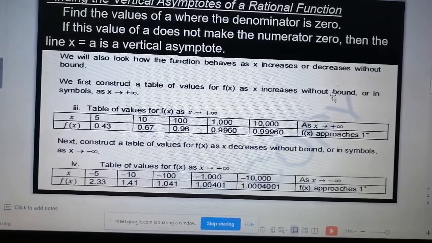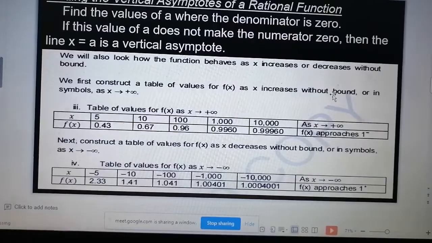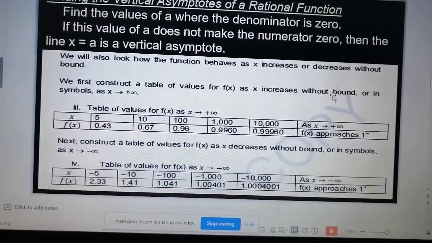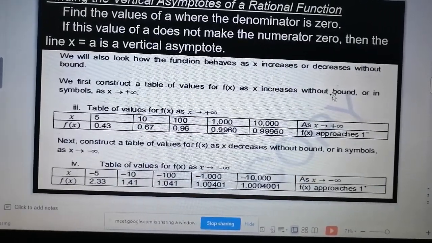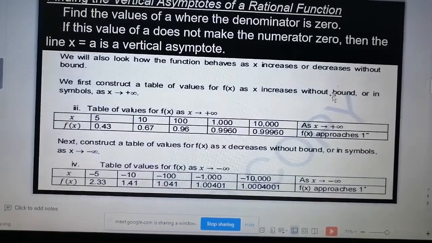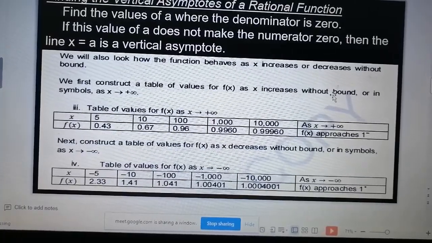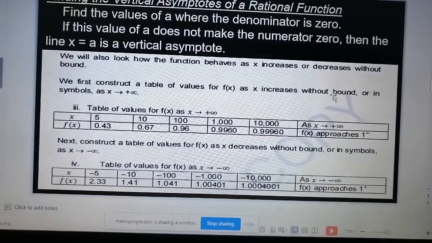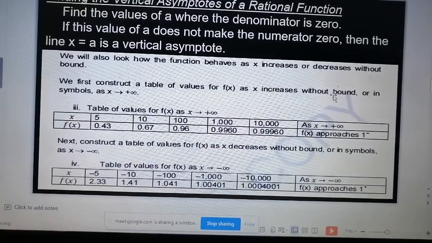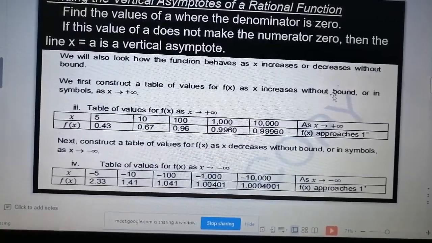0.67. Anak! Nakuha na? Opo. Balik kayo dun sa isa. Yung una ulit kanina. Yung function f(x) is equal to x minus 2 divided by x plus 2. Yung x, palitan nyo ng 5 minus 2 divided by 5 plus 2.